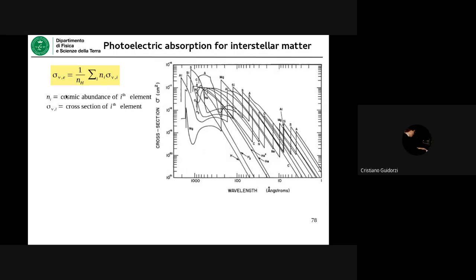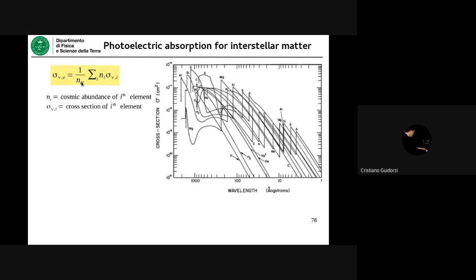for example, Ni is just, let's assume, the number of particles per unit volume. And of course, the same for NH. Once you know the NH, the number of hydrogen atoms per unit volume, by assuming a given abundance for all the other elements, you automatically can express the number density of hydrogen atoms times the effective cross-section.